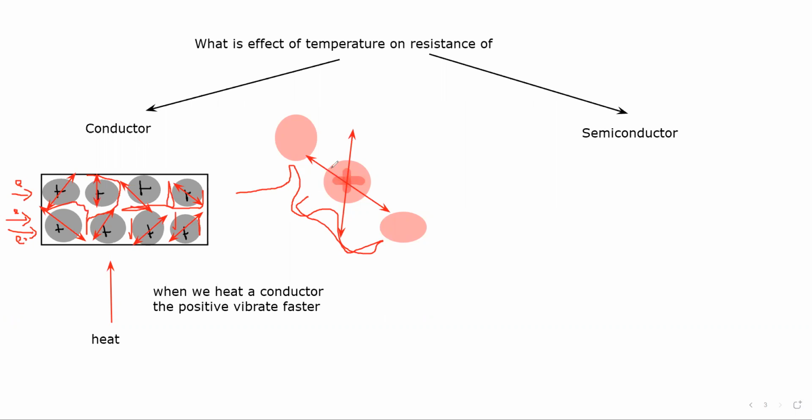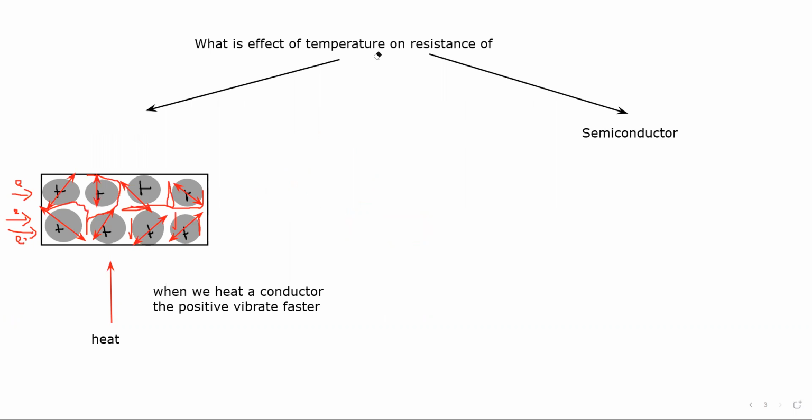Because the positive ions are continuously vibrating, they do not give the electrons too much space to flow through. It's like if you want to cross a hurdle. This is a hurdle in front of you and you want to cross it. If I move this hurdle to and fro, do you find it difficult or easy to go across?